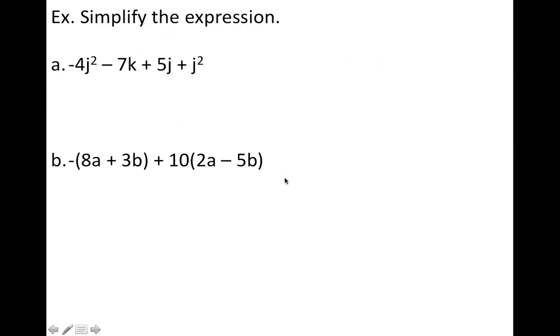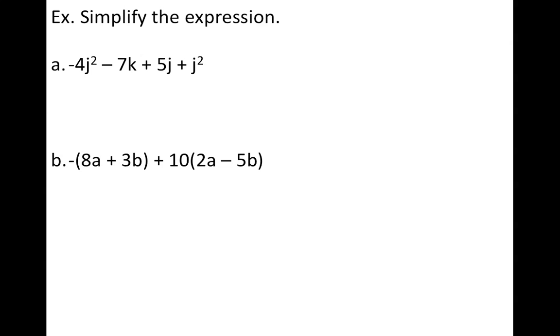Okay, again, work through these, combine like terms if possible. So pause it, come back, see if we get the same answers. So for A, you should get negative 3j squared minus 7k plus 5j.